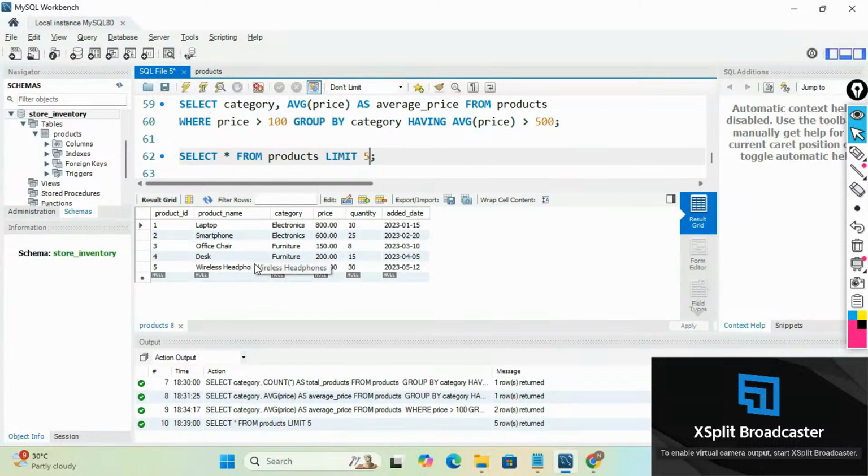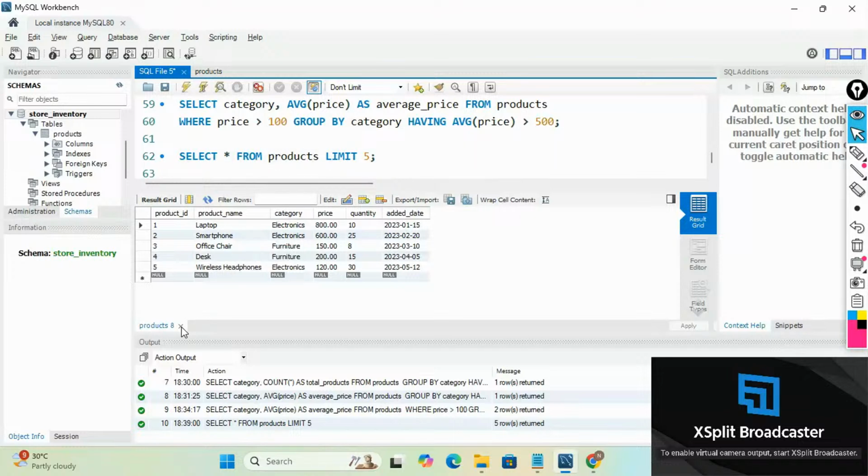I'll go through, I see ID, I see name, category, price, quantity, and date. Probably I can get a good idea about the data. So in this way, limit clause helps us to restrict the number of rows.